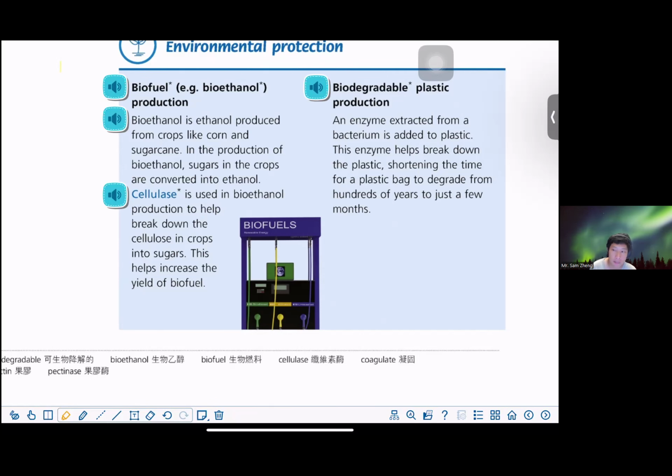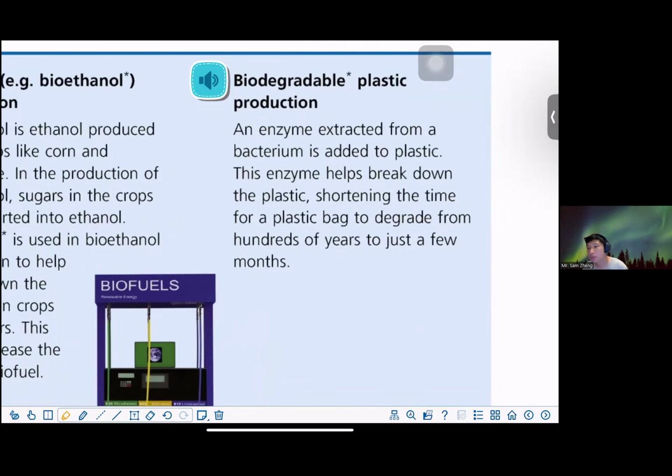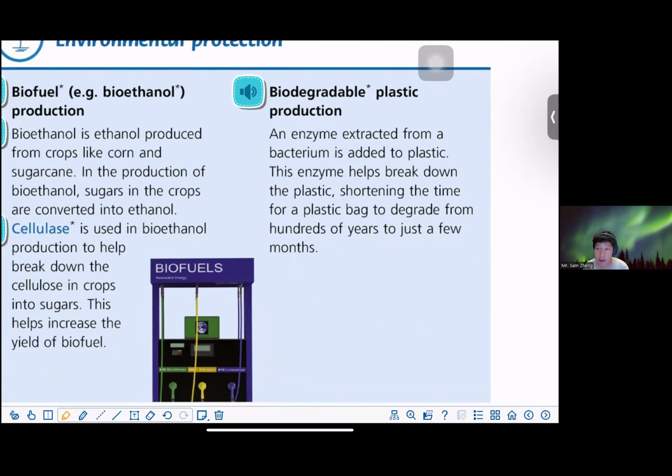Most of the time when we see plastic, there are some long chain carbon atoms. If you learn chemistry, you'll notice that once there is a long chain of carbon atoms, it is very difficult for it to be degraded because there are some bonding causing them to stick together firmly for nearly a decade.